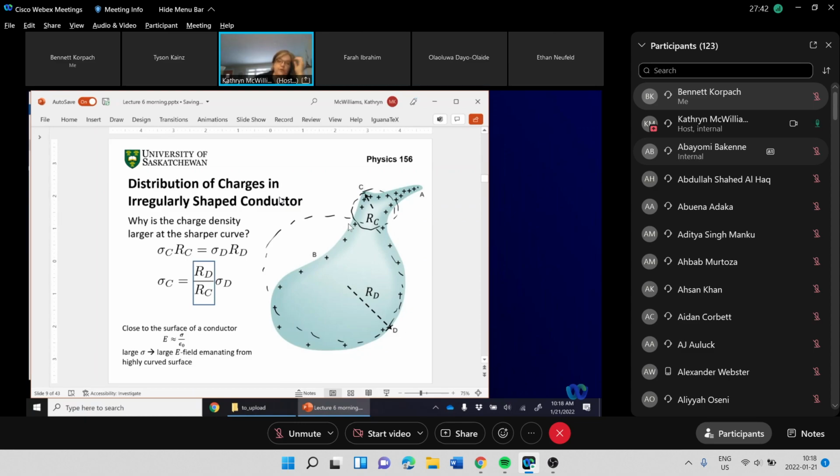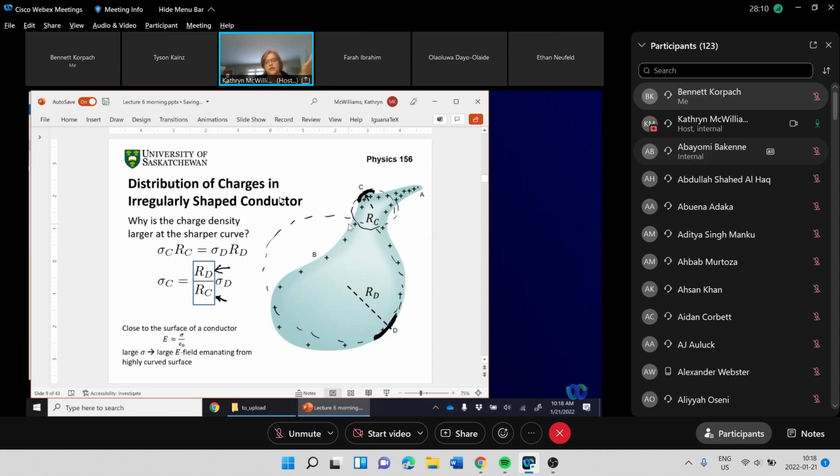If we rearrange that formula that we just derived, the ratio of the radii tells us how sigma, the surface densities at these regions where the curvature is being determined, are related to each other. Okay, so RD is greater than RC, so this number is greater than 1. RD over RC is greater than 1, so sigma C here must be greater than sigma D.